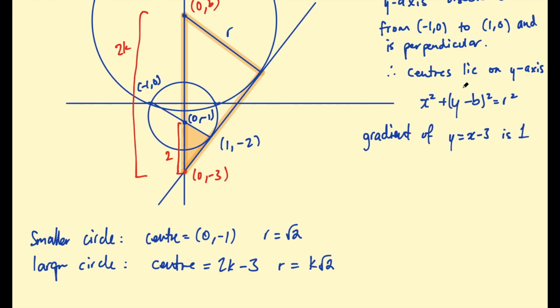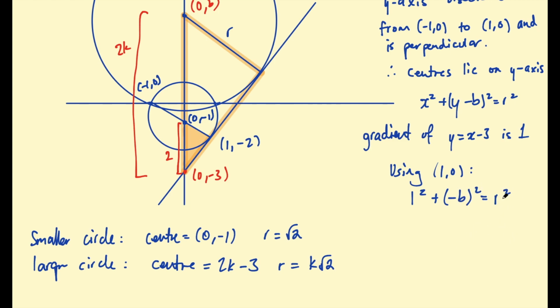And now we're going to use this equation. Remember we noted that the equations of the circles was x squared plus y take b all squared equals r squared. Well, using the point we know lies on the circle, let's say using 1, 0, we could say it would be 1 squared plus 0 take b, so negative b squared equals r squared.